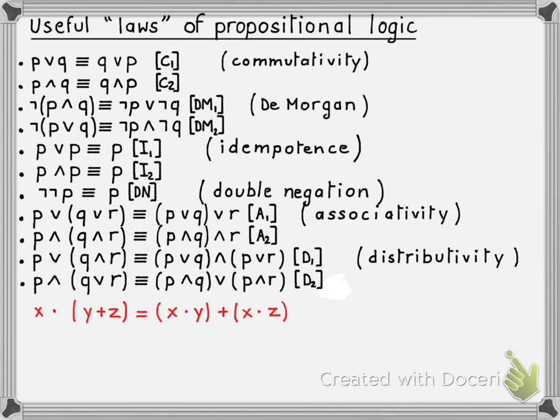So when we convert this second law of distributivity to arithmetic, we get something that actually is true in arithmetic, namely multiplication does distribute over addition. This equation here is definitely always true in arithmetic, and it is also true in logic.